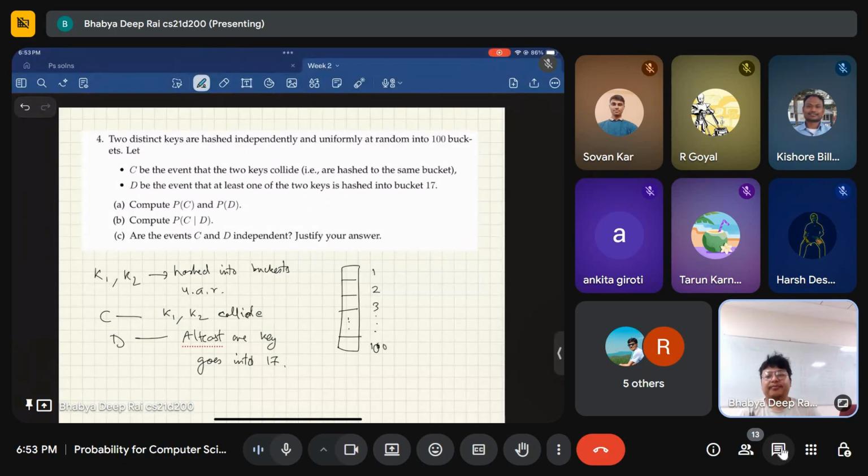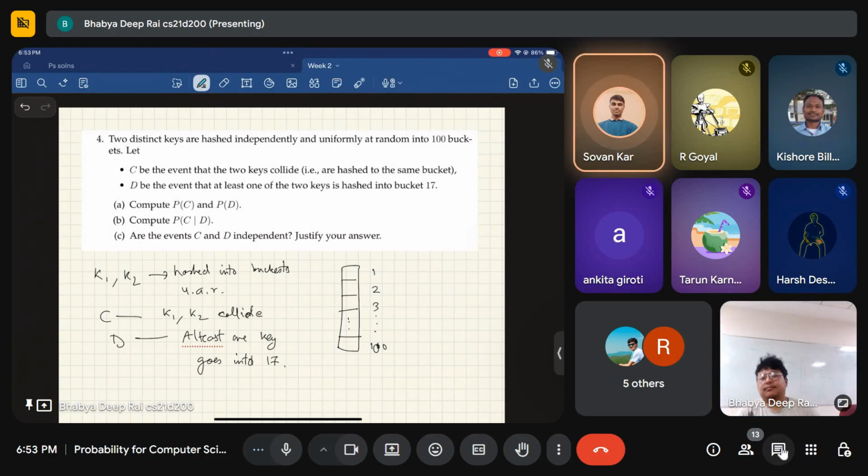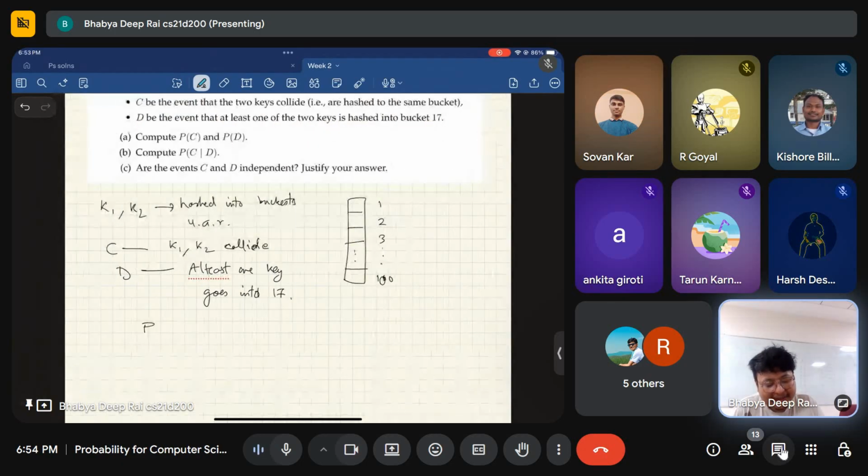I want you to compute P(C) and P(D). Can you tell me what P(C) is? What is the probability that K1, K2 collide? So I think it should be 1 by 100 into 1 by 100. One person says 1 by 100 into 1 by 100, so the probability that the two keys collide is 1 by 100 into 1 by 100.